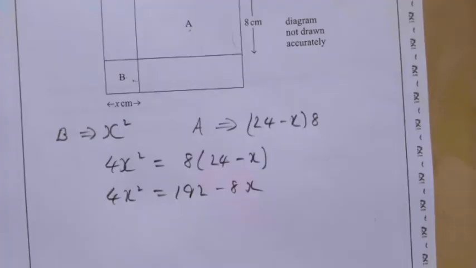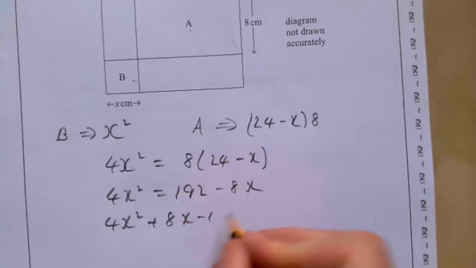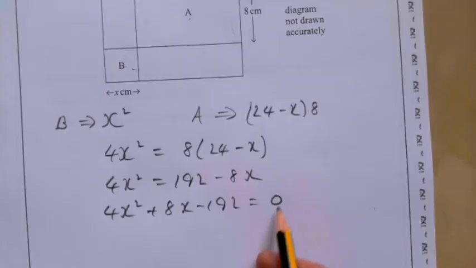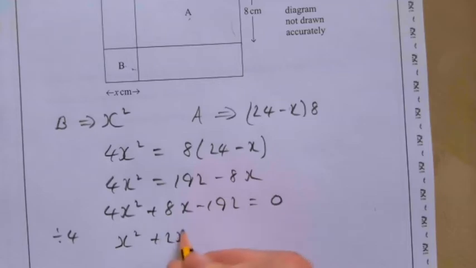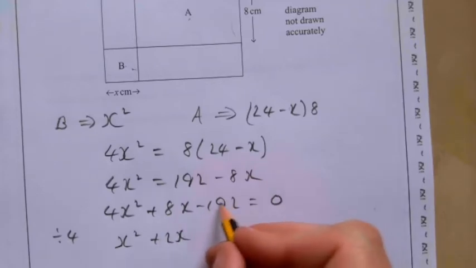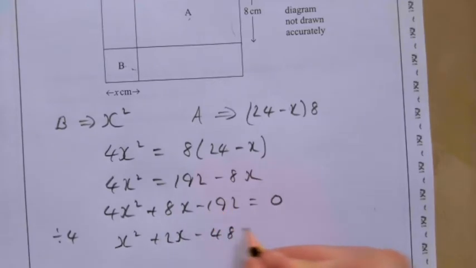Hope you can see this is a quadratic equation. Get everything to the one side, plus 8x minus 192 equals 0. That's how we solve quadratics, to get it equal to 0. This one now does divide by 4, which makes your life much easier. x squared plus 2x minus 48 equals 0.